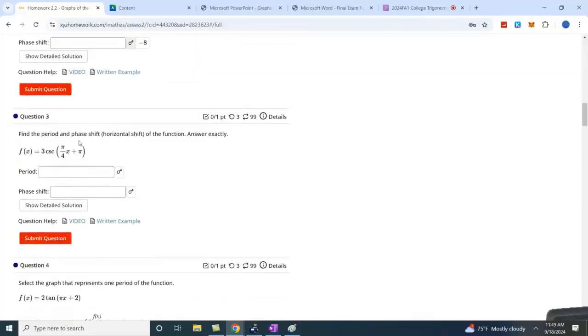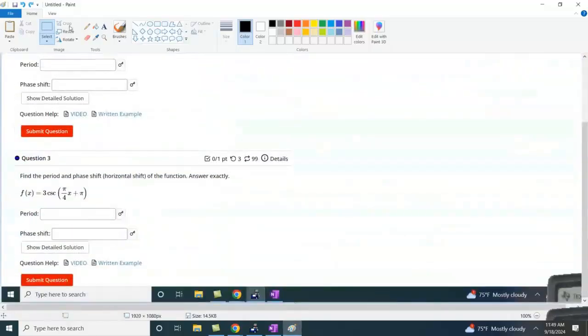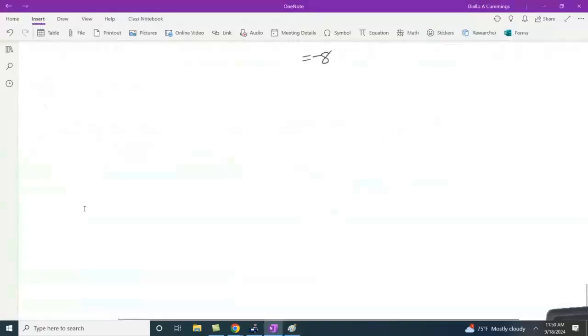Number 3 says find the period and the phase shift for the function 3 times the cosecant of pi over 4 x plus pi. All right, so let's take a look at that one.